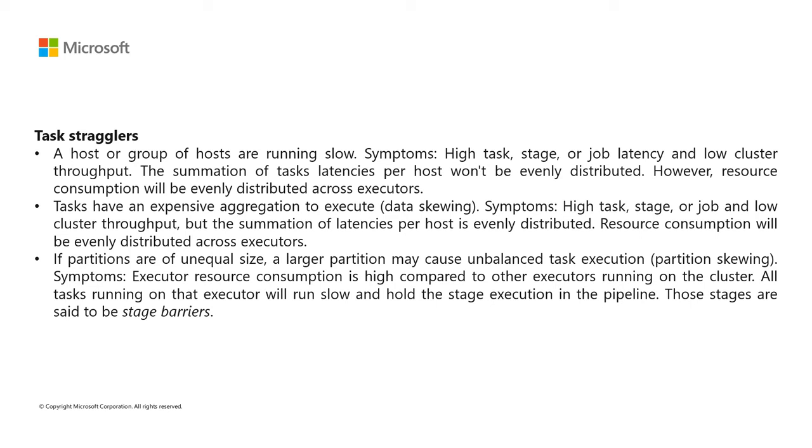Now, one thing that we noticed was that this unbalanced execution, and this is what we call partition skewing, the unbalanced execution of the data coming in through this stream was the root cause for this particular issue.